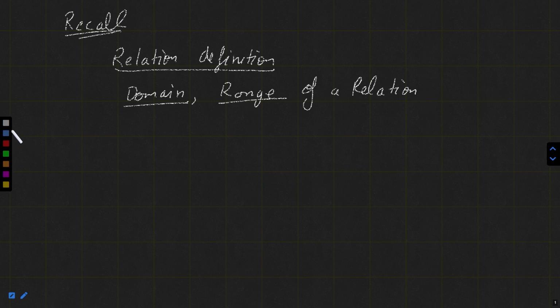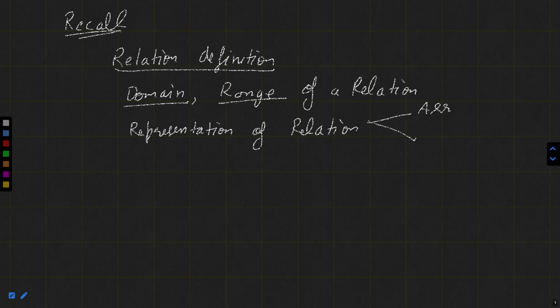Then we saw the representation of relations: arrow diagram and set builder method.